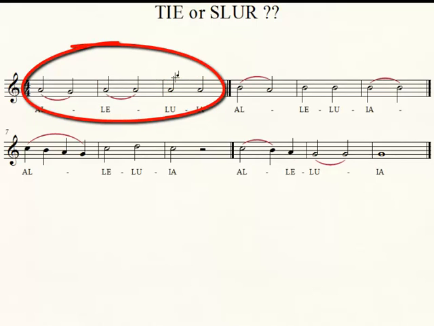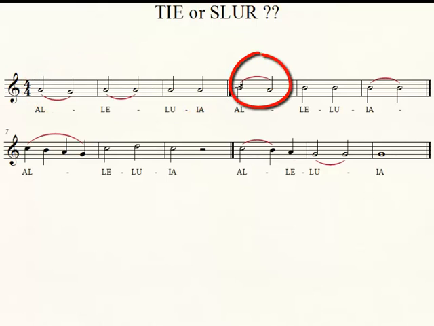And that's how the first example would go. The second example, in this second example, the ya is the one that needs to be stretched out. The first example, the le, is the syllable that needs to be stretched out for 4 beats.